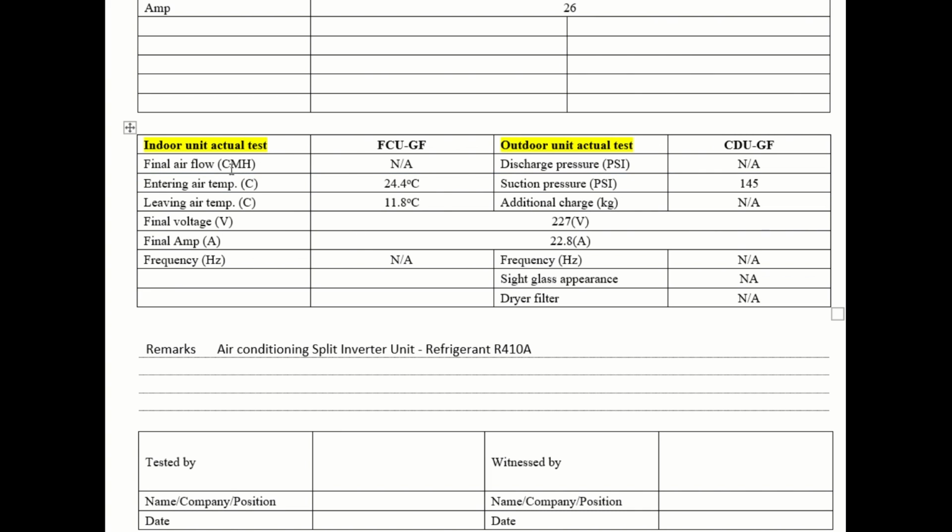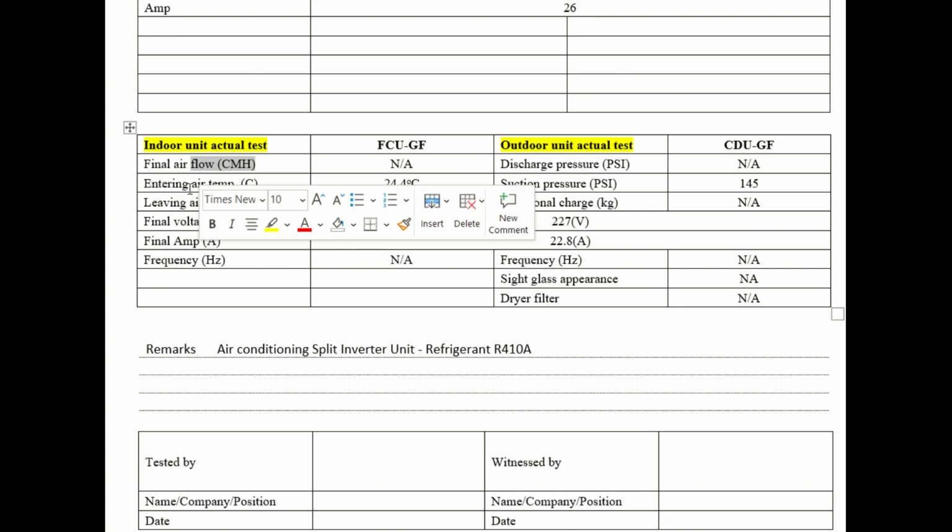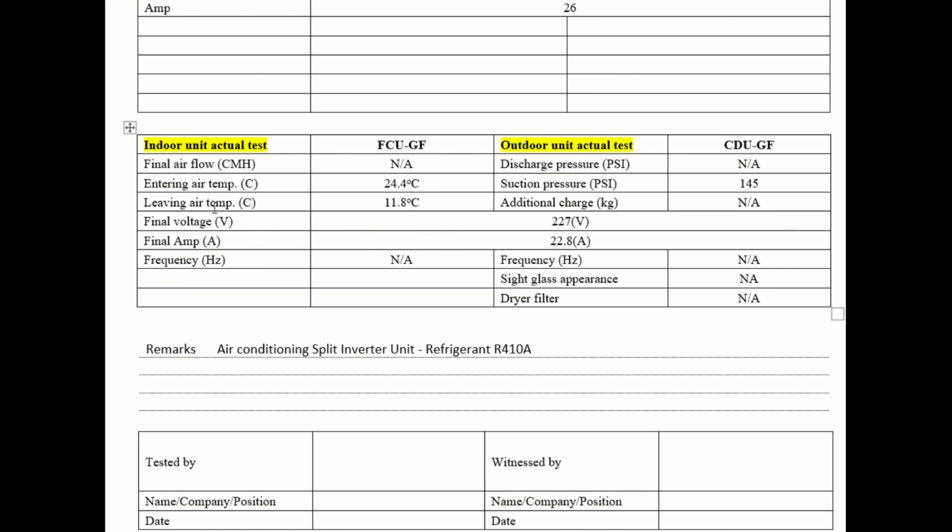For the indoor unit, normally we check the airflow, the leaving temperature, the entering temperature, like this. And for the outdoor, we just check the pressure of the refrigerant, so air no need to check. We can measure it, but here we don't check.